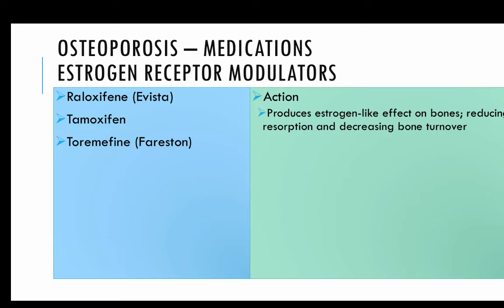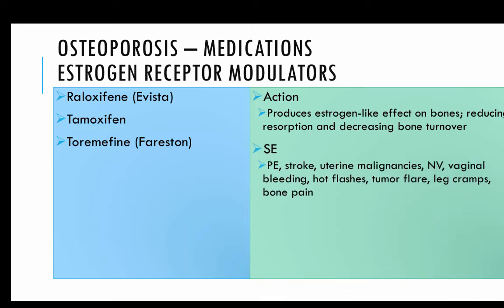Now, estrogen receptor modulators: these are medications that mimic what estrogen does without actually being estrogen. They are used frequently to treat breast cancer. They reduce resorption, meaning moving of calcium from the bone into the blood, and prevent bone turnover.